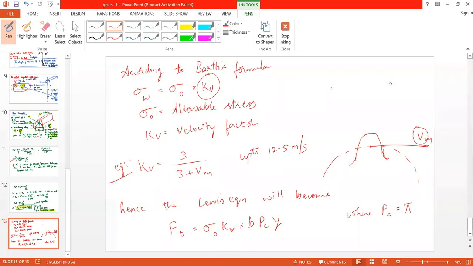It is pi d by z, but this d by z is called the module m, where d is the diameter in millimeters and z is the number of teeth. So that is equal to module. So in place of Cc, we can write pi m.